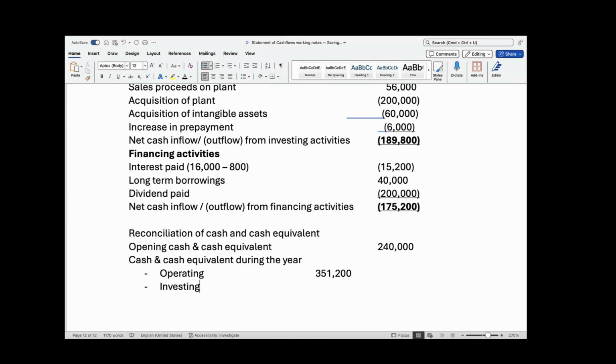The investing is 189,800. And the financing is how much? 175,200. So what do you have as balance? 13,800 outflow. Okay, outflow of 13,800.